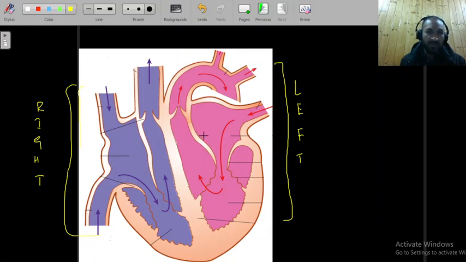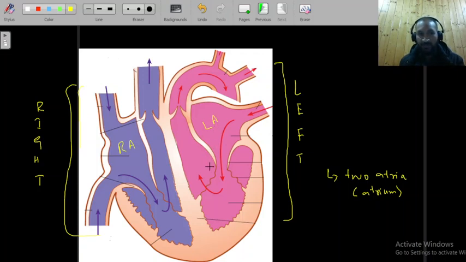Now, the two upper chambers, these two chambers are here, these are called atria. The singular is atrium. So let me write it over here. So there are two atria in the upper part of your heart. So atria, the singular is atrium. So this is the right atrium. Let me write RA. RA refers to right atrium. So here I must write LA. So this is left atrium.